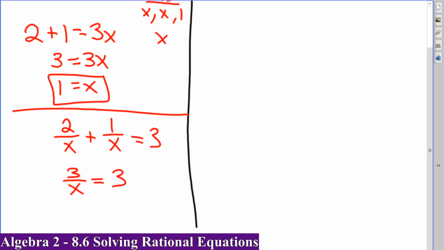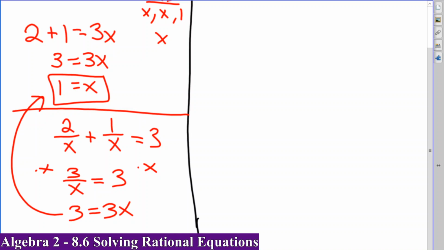And you can multiply both sides by x, or you can just realize that if I take 3 divided by any number and I get 3, off the top of my head, I already know that it's 1. But there's more than one way.